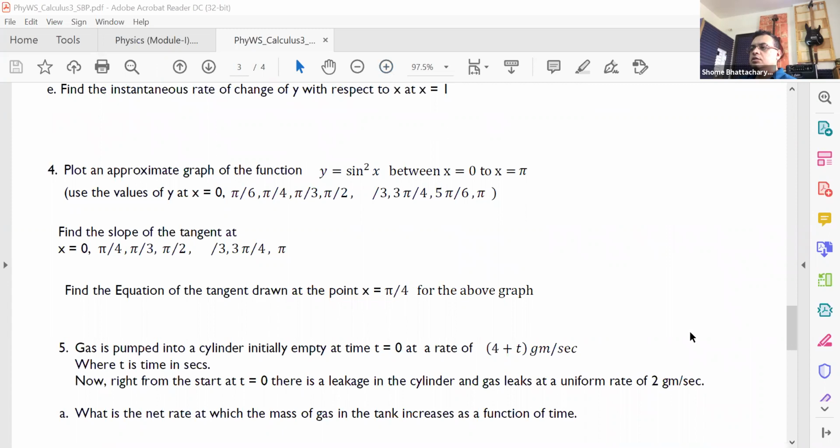Okay, so now let's come back to question number 5, the gas pump question.